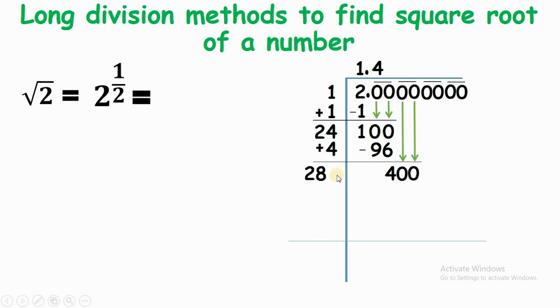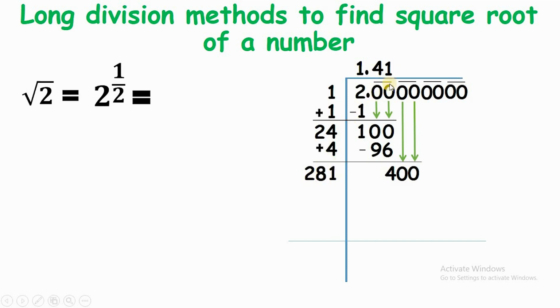Now again you have to find a suitable number over here, such that when you multiply that with the same number, it should get around 400. Therefore if you write 2 here, and then you have to write 2 over here also. So 282 into 2 is more than 400. Therefore we'll take 1 over here, and if you write 1 here, then you have to write 1 over here also.